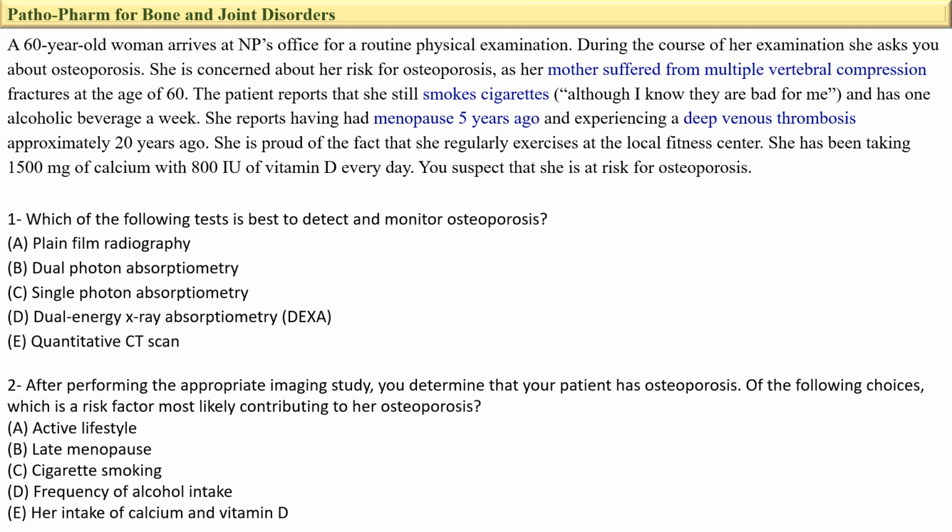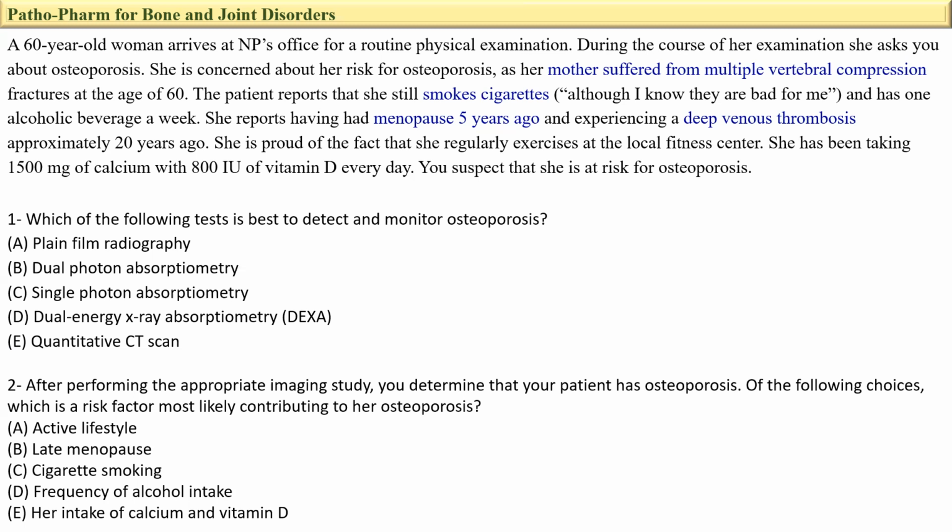It may not be an accurate reflector of the density of the spine or hip. This question is kind of beyond the scope of this class; it's an adult health 3 level.